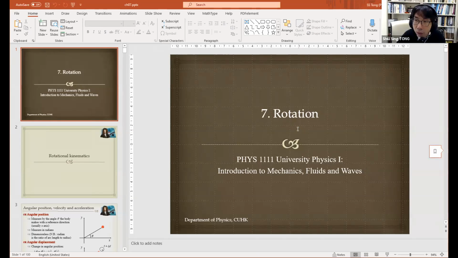Now, rotation is actually a long chapter. So I probably would not be able to finish the whole chapter before the midterm. And so I will teach rather slowly because rotation is something new to you, and there are some subtle concepts that require a lot of clarification.